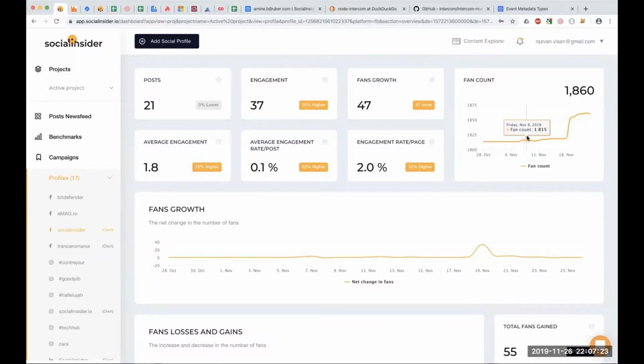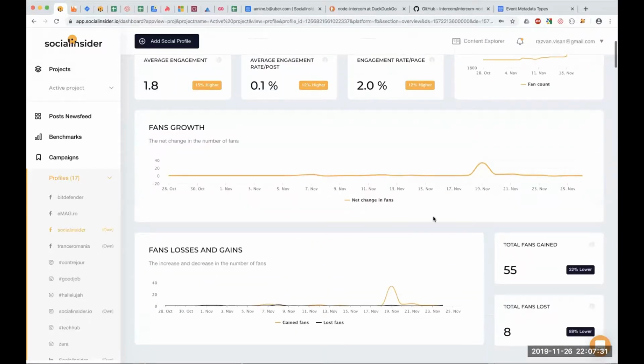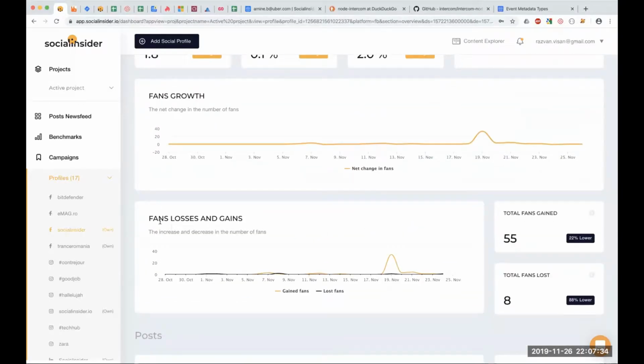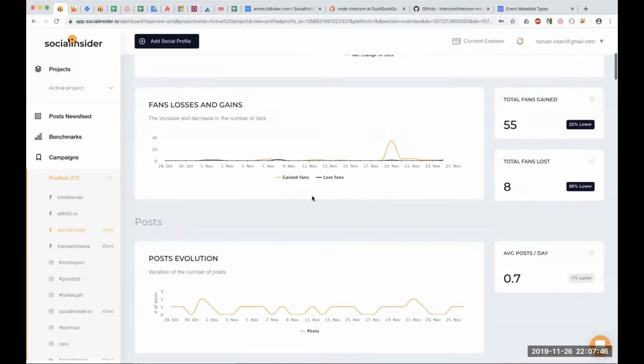So if you select 6 months ago, we will be able to retrieve the fan counts for the last six months. So that's okay. One more thing to note is that we will also show the charts with fan losses and gains, because this is available via their insights.